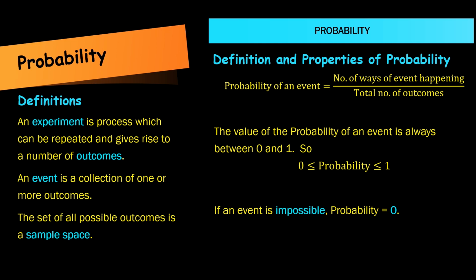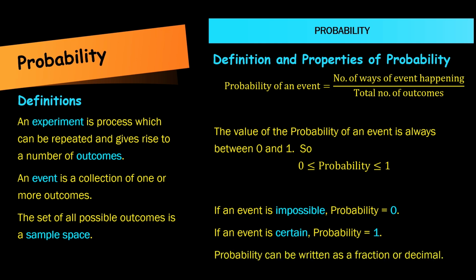If an event is impossible, the probability equals 0. If an event is certain, the probability equals 1. Probability can be written as a fraction or decimal.